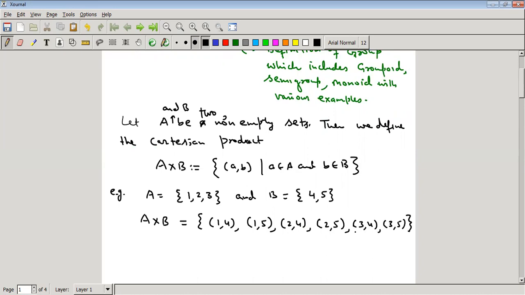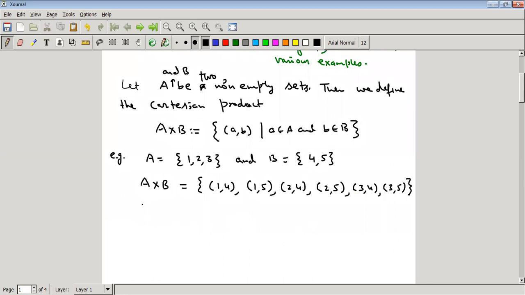So these are the elements of A cross B. The number of elements in A is 3, the number of elements in B is 2, so the number of elements in A cross B is 6, that is 3 into 2.